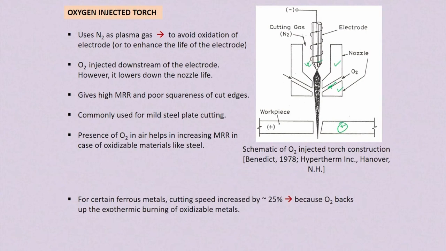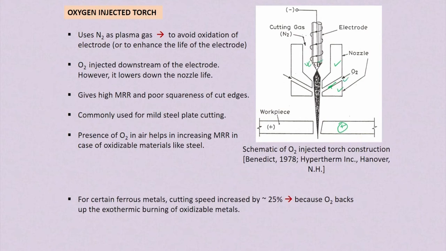Nitrogen is used because in the air plasma torch, oxygen in the compressed air oxidizes the electrode. But in the oxygen injected torch, nitrogen is used as the plasma gas, so it avoids the oxidation of the electrode, and hence the life of the electrode is increased. Oxygen is injected downstream of the electrode.